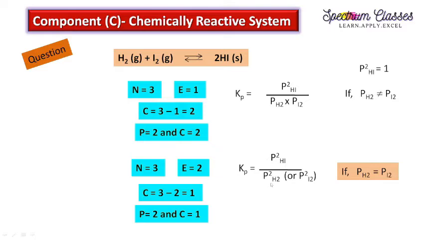So rather than writing partial pressure of hydrogen and partial pressure of iodine, we can put partial pressure raised to the power 2 of hydrogen or iodine, right? If we know this equilibrium constant, then we can evaluate the partial pressure of hydrogen or iodine. Since we come to know the partial pressure of hydrogen or iodine, we can evaluate the second one. Since these two are in equal amount, on combining these two we will get the concentration of HI.